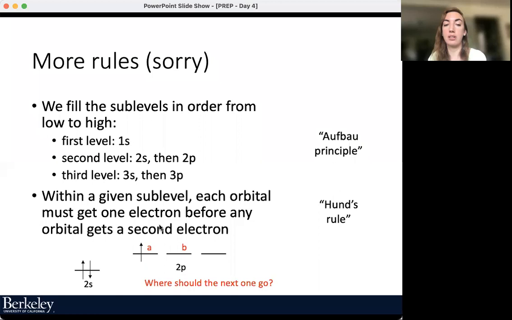Our first orbital here has 1 electron. If we put our second electron in that same orbital, we violated this rule. So we need to put our second electron in a different orbital, so that our first priority is getting each orbital 1 electron before anybody gets a second electron.